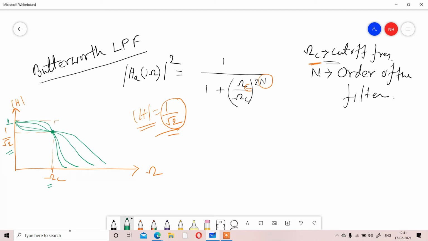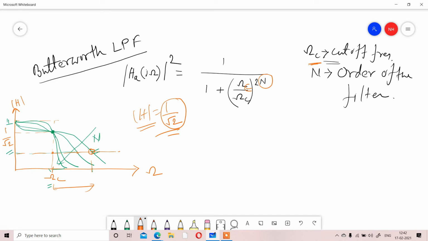And that is the order of the filter. If we increase the order of the filter, the transition band will reduce. Obviously for this case, if we draw a line like that, that will be the transition band for that filter.